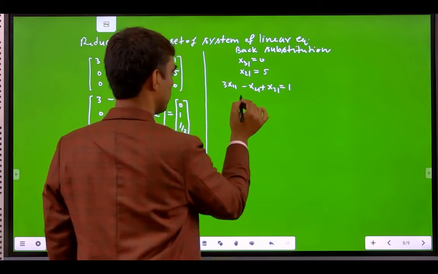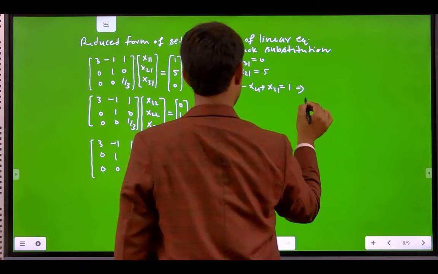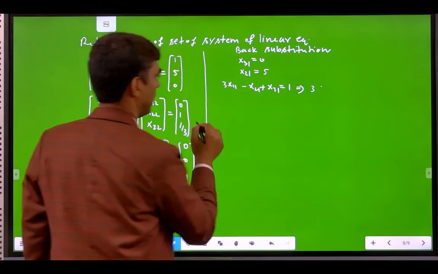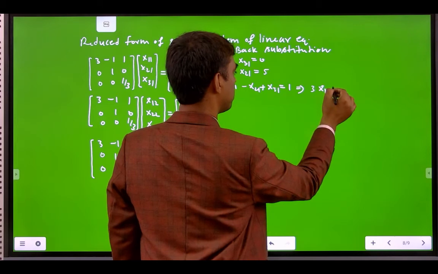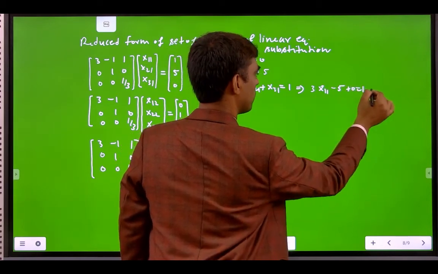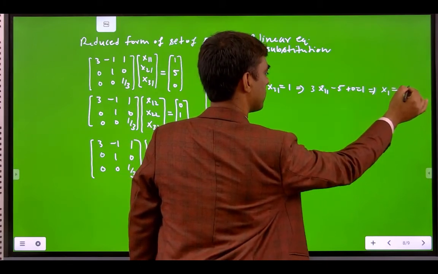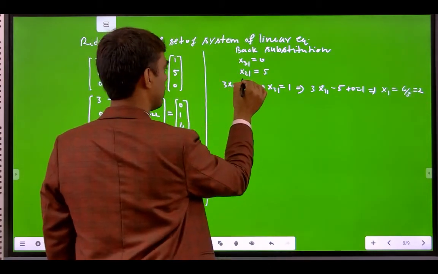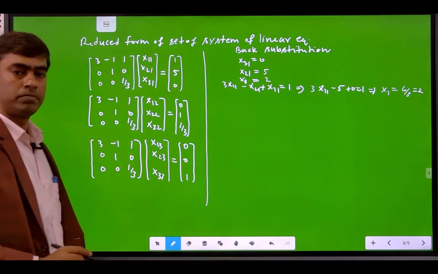If we simplify this, the result becomes: we put the value, 3x11 minus 5 plus 0 equals 1. So what is the value of x11? The value of x11 becomes 6 by 3, and this equals 2. So x11 is 2.